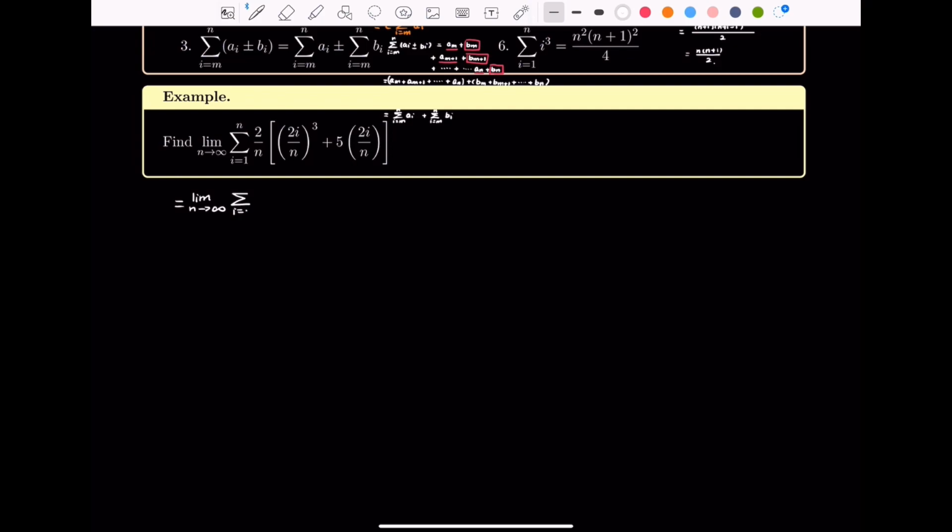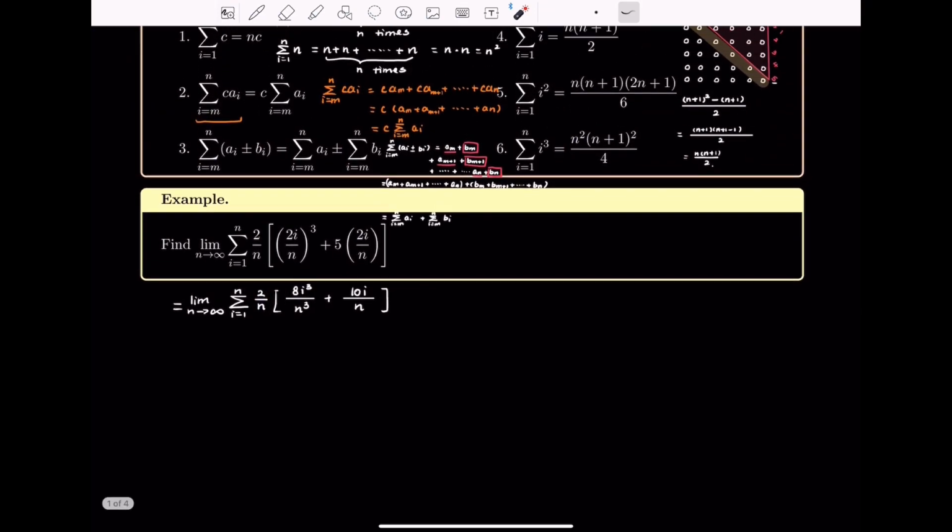So this 2 over n, I'm going to leave it like this. 2 cubed is 8, so 8i cubed over n cubed, plus, and I'm going to multiply it inside, so that's 10i over n. Once you do this, I can see that I only have 2 terms. When I have 2 terms adding together, I can split them up into 2 summations, right?